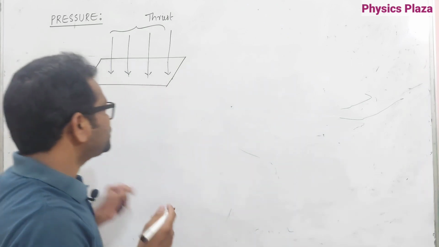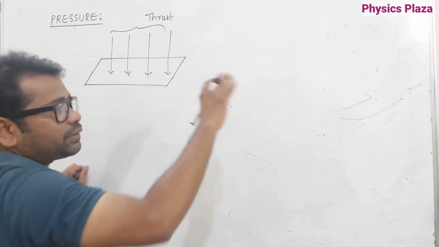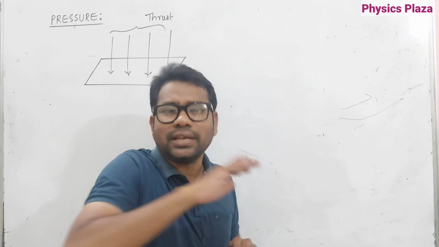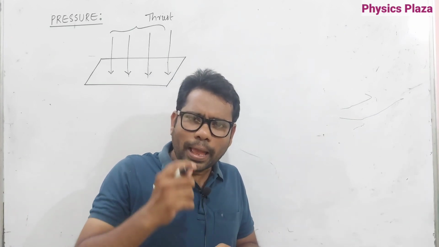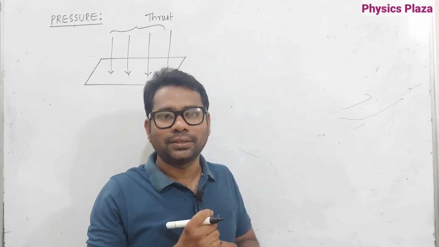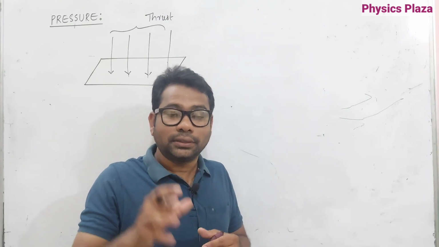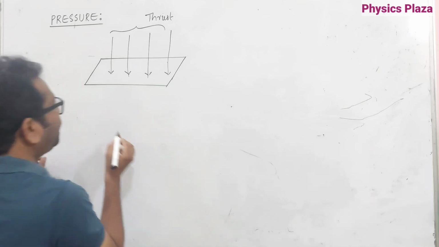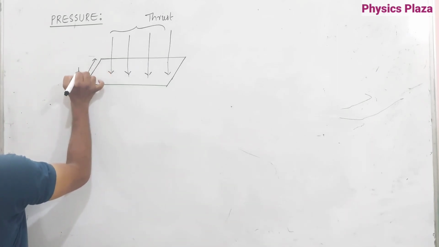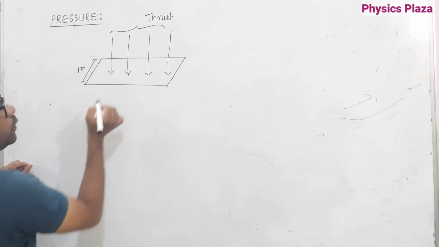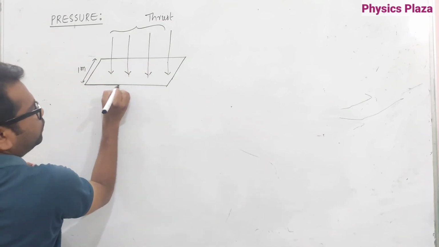Of course, on this entire surface, thrust is acting. But I am very much interested to calculate the thrust acting on this area. Let us suppose this is 1 meter, and here is also 1 meter.